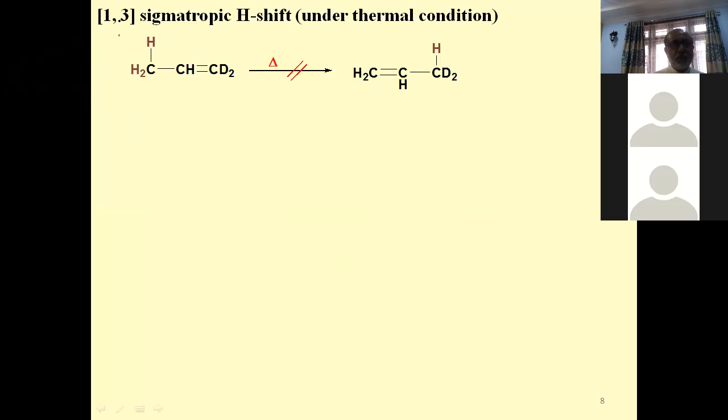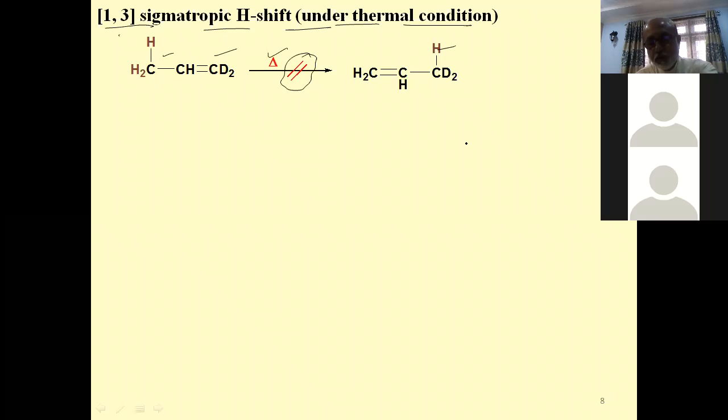Under thermal condition, this hydrogen will migrate here, and we get this. And what is found? It does not happen. So it is forbidden. But only telling is not sufficient, therefore we have to understand it.